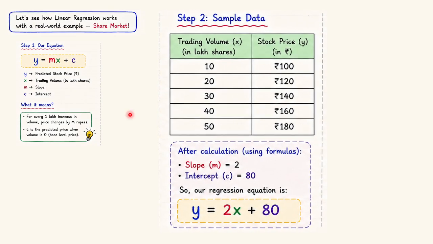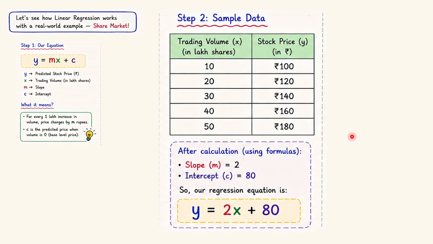Step 2 is our sample data. Here we have trading volume and stock price. Trading volume is x and stock price is y. As you can see on the screen, for example, 10 lakh shares for 100 rupees, 20 lakh shares, stock price 120 rupees, and so on.